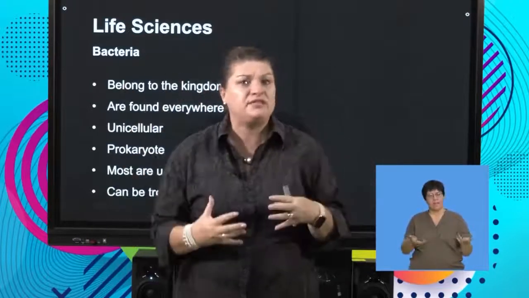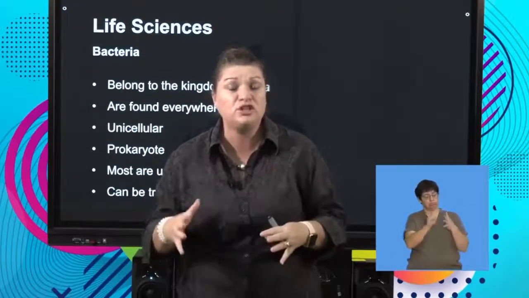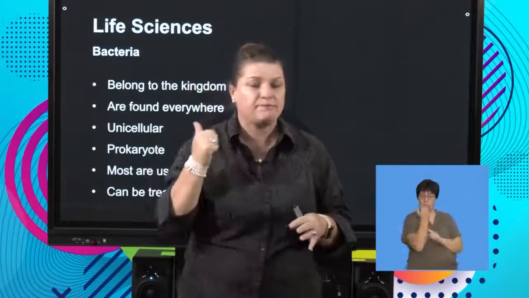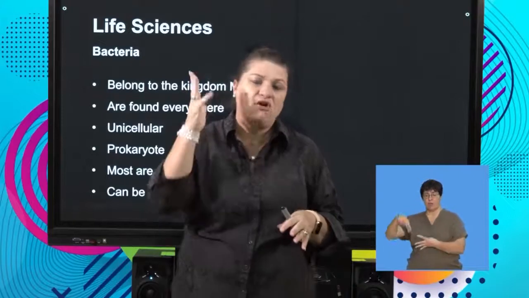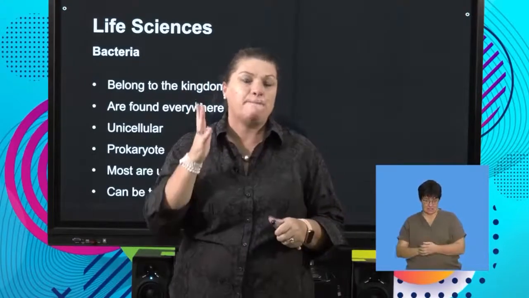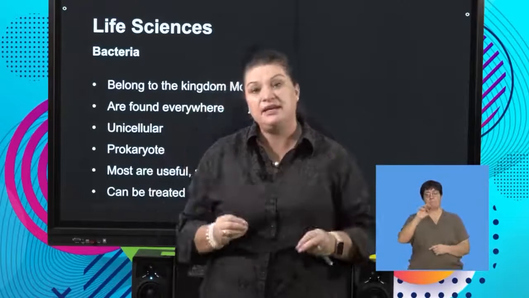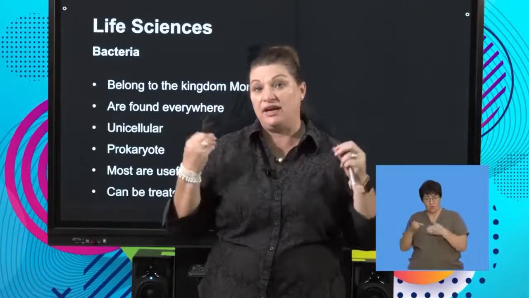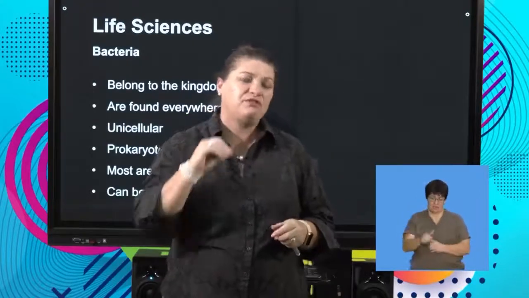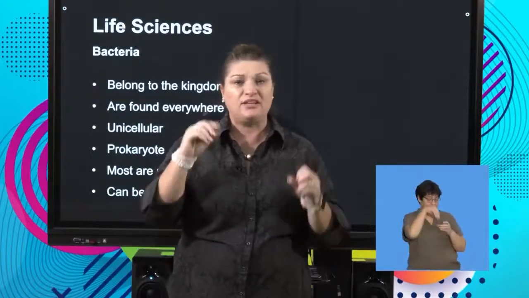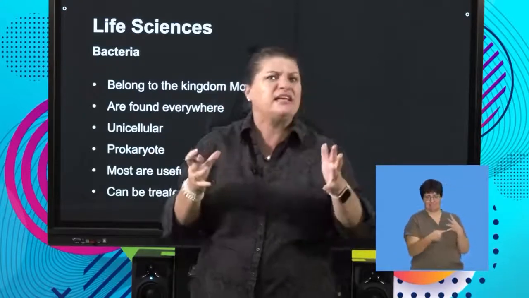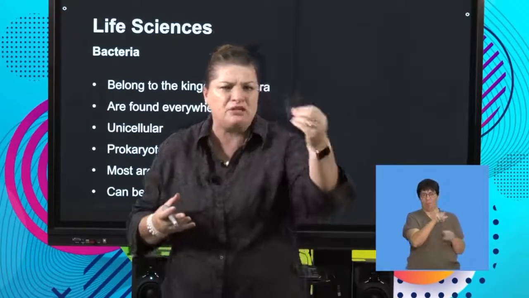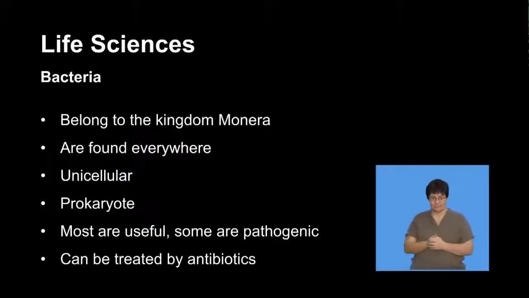You might have looked at the kingdoms of plants, animals, fungi, and protists. And what we're looking at today is Monera. The kingdom Monera is where bacteria fit in. Those specific characteristics mean that all bacteria have certain characteristics that put them into that particular kingdom.